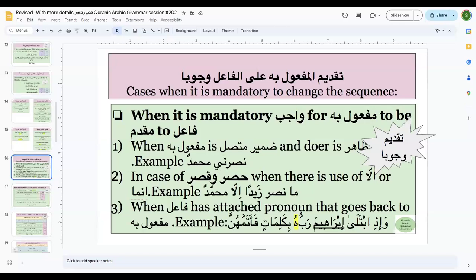Since there is an outside doer or ism zahir, which is the doer in this case, only in this case you are going to say that there is going to be a taqdeem that is wajib. Similarly, if it was nasaratni Fatimatun, in that case again the same situation is going to come.